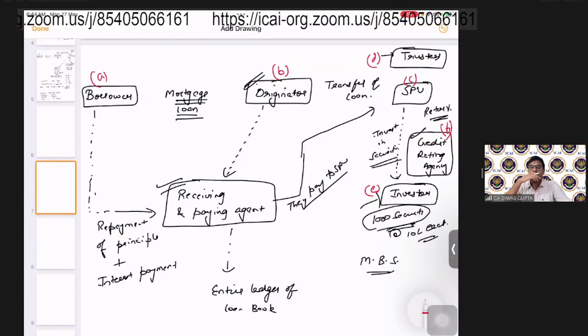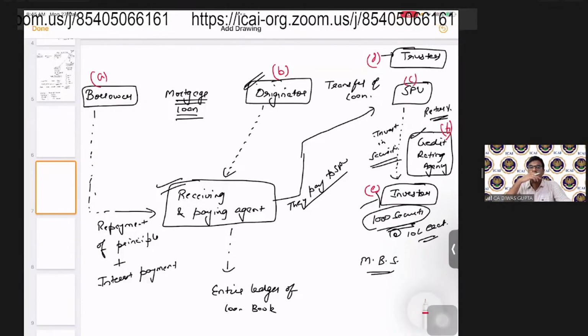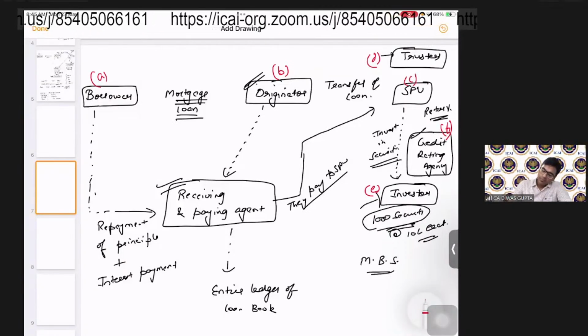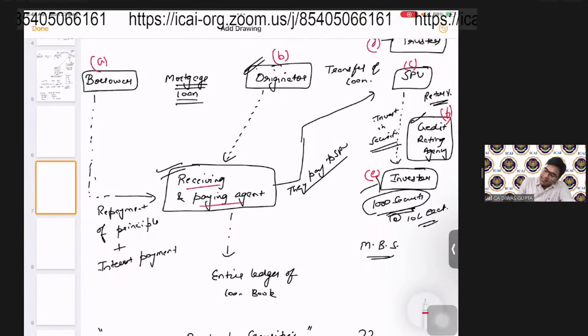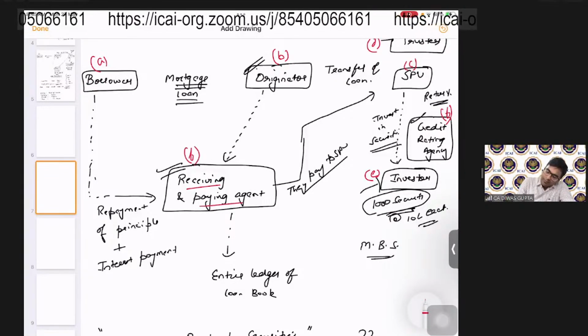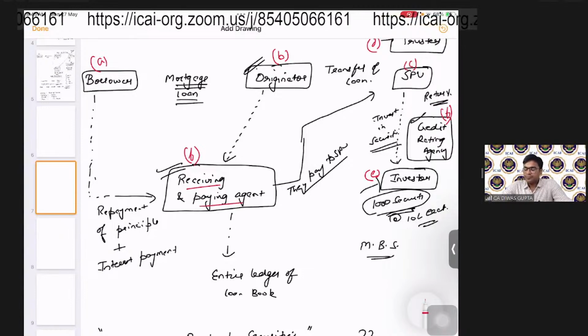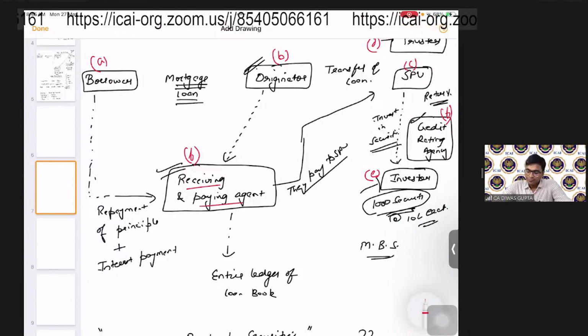Okay. So this is the role of receiving and paying agent. They pay to SPV.